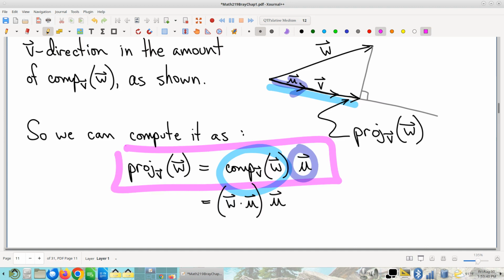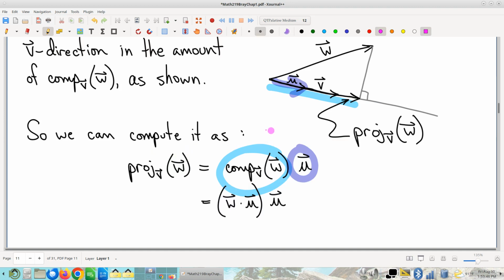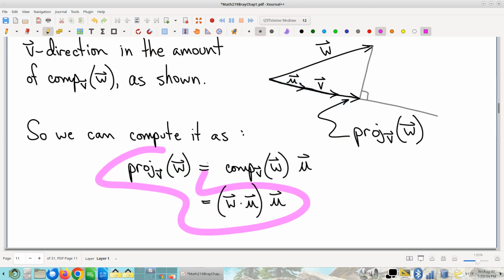It just makes sense, right? And then, conveniently as well, we have an easy formula for component already. Remember, we talked about that on the last page. And so altogether, this is the formula for projection that I strongly encourage. I think that's the formula that makes the most sense.